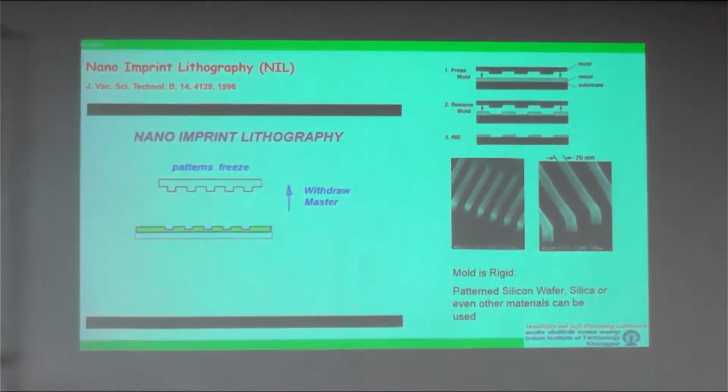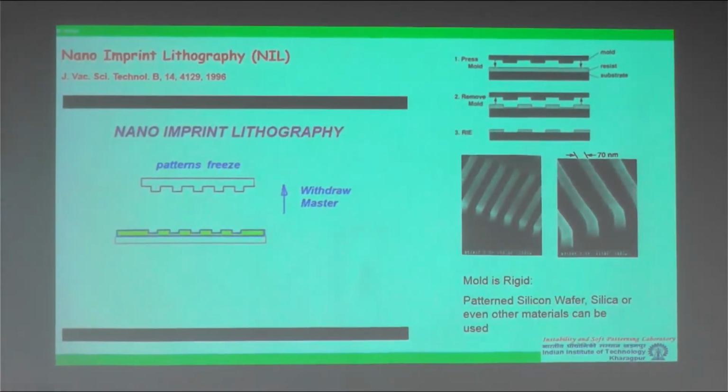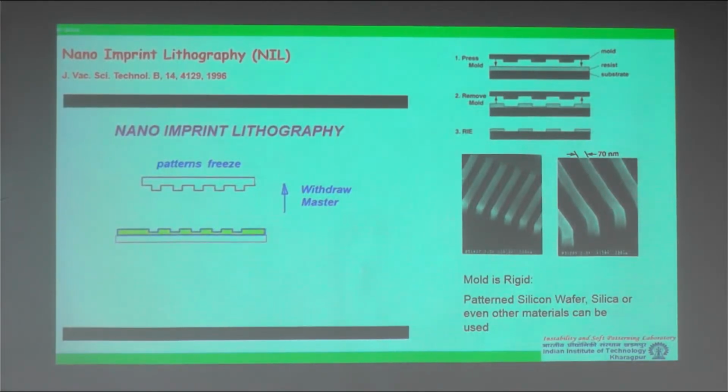And now withdraw the stamp, right? So in the process, again, you have been able to successfully create a negative replica of the original stamp pattern that was available with you.